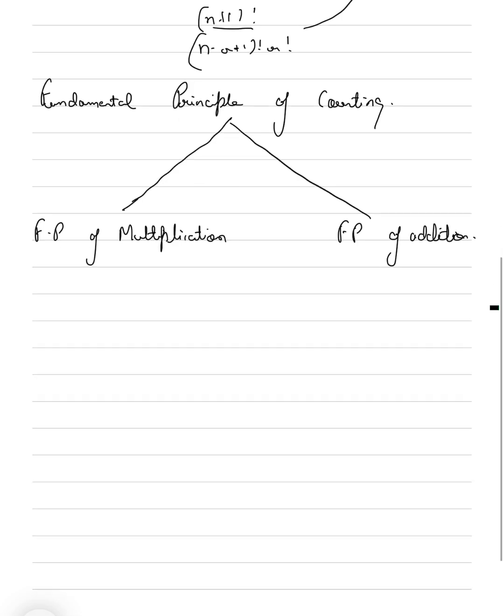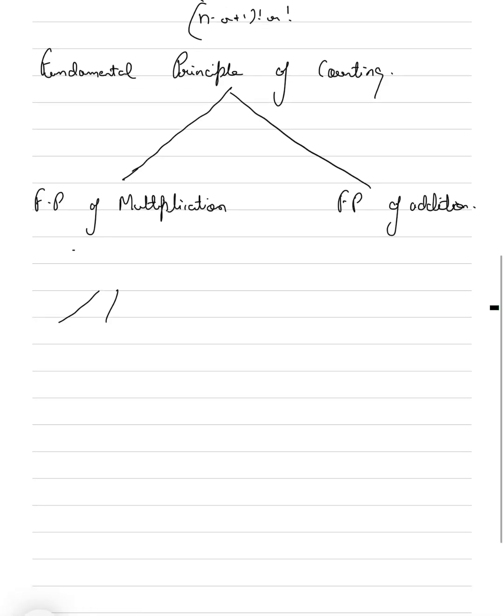Suppose there are two jobs, and one of them can be completed in m ways. You can complete the first job in the first way, second way, third way, dot dot dot, m-th way. After completing the first job in any of these ways, you have to perform the second job.